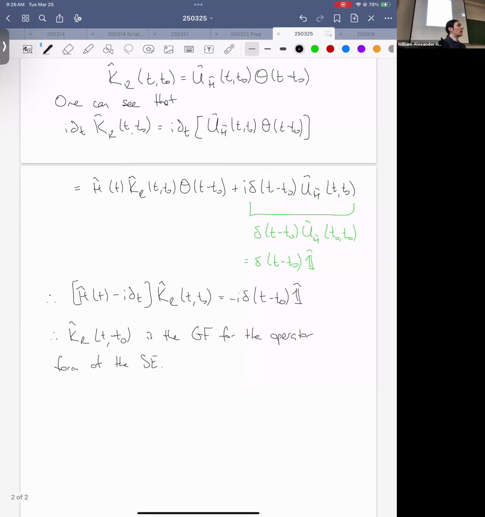And that should come as no surprise, because we showed that if we take the matrix element of the left-hand side, we'll get the retarded propagator in the usual form that we're used to. And on the right-hand side, we'll get the Dirac delta function between x and x0. And then we'll have reproduced what we derived last time and what I reminded you of earlier today. Good. Any questions there?